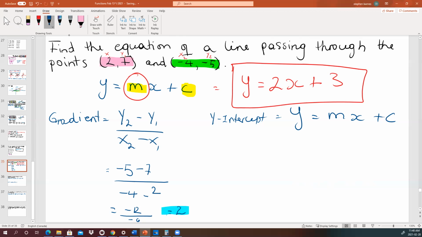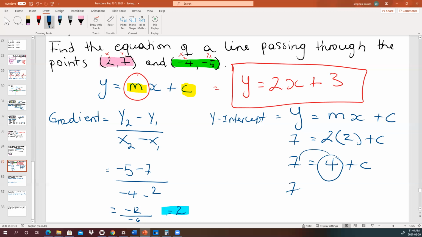So let's go. I'll get my y value from here, which is 7. So 7 is equal to m, which is 2. We found that 2 here. X from this would be 2, plus c. 7 equals 2 times 2, which is 4, plus c. 7, I will carry over this 4 across the equal sign.